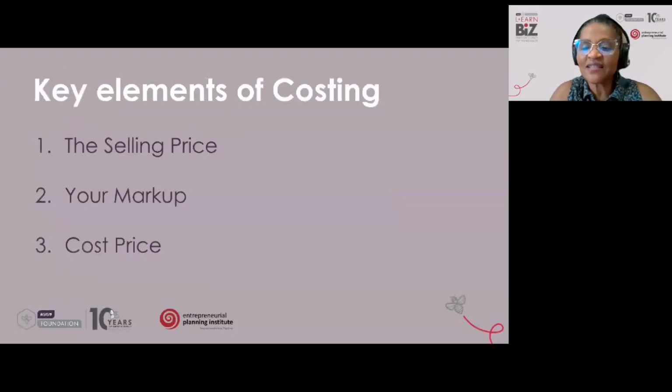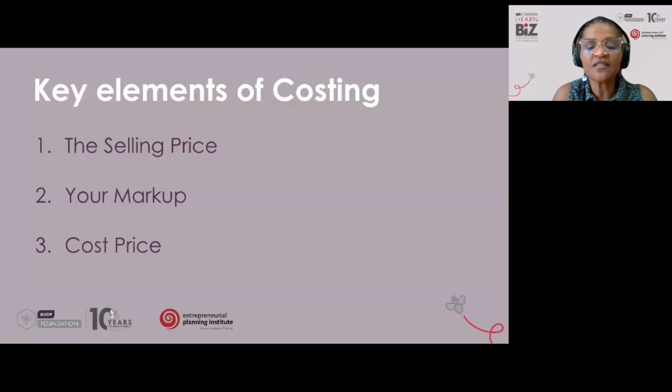Having said all of that, why we need to know the costs is that these direct and indirect costs form what we call the total cost of our business. The selling price is made out of looking at all our costs and then considering what we call the markup, which I said is the extra that we bring into the business.